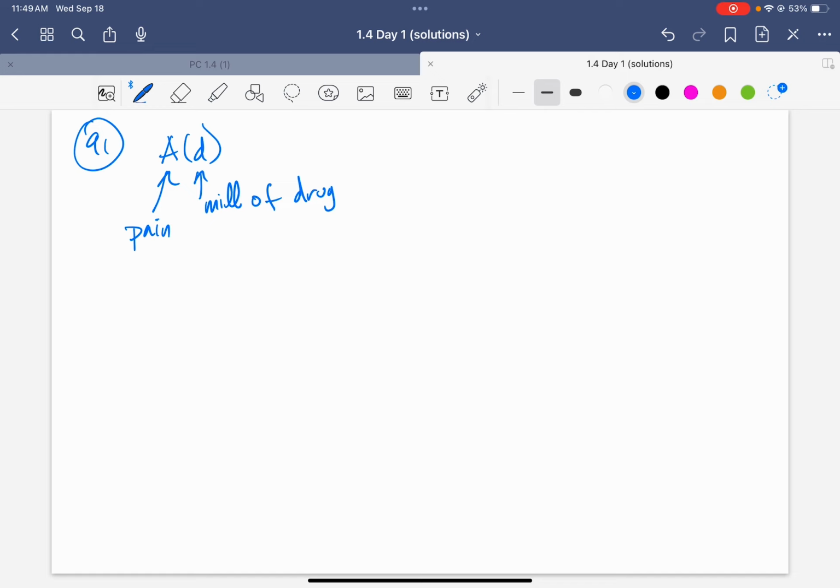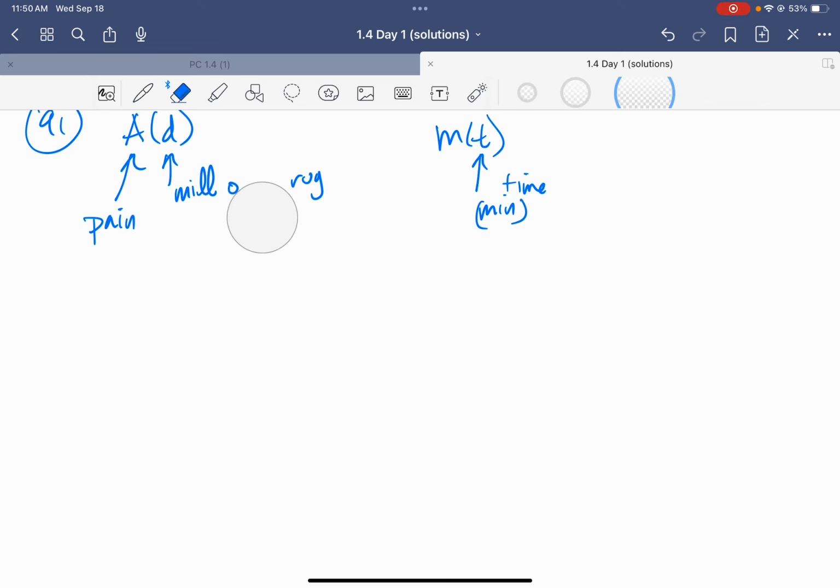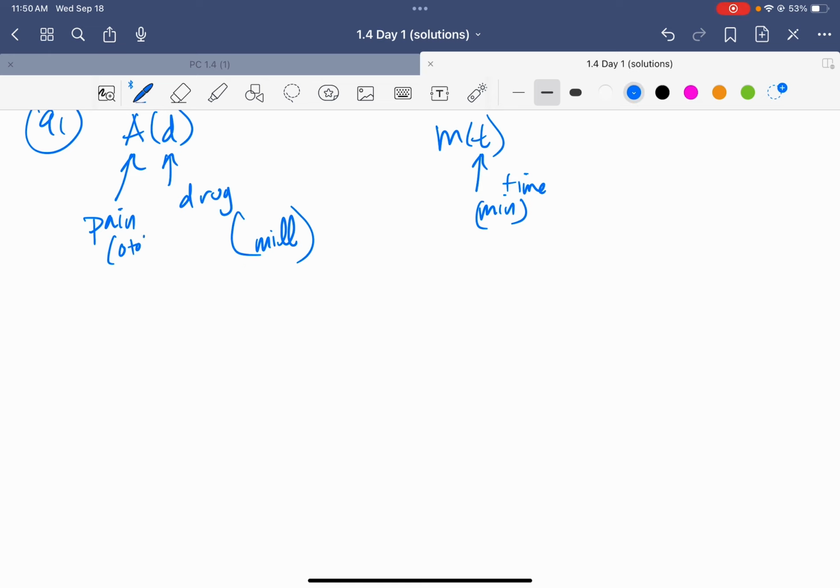It turns out the milligrams of drug is modeled by M of T, that, if you give me a certain number of minutes, so that's time in minutes, and D is a drug. D is the drug in milligrams, and pain is on a scale of 0 to 10. This is this, and M.